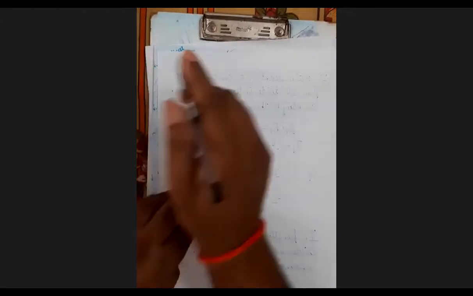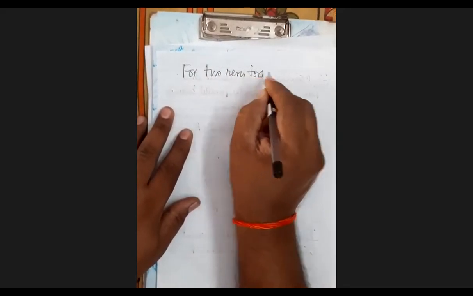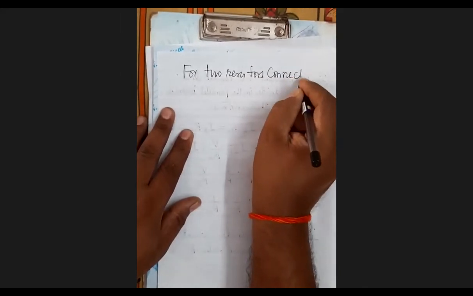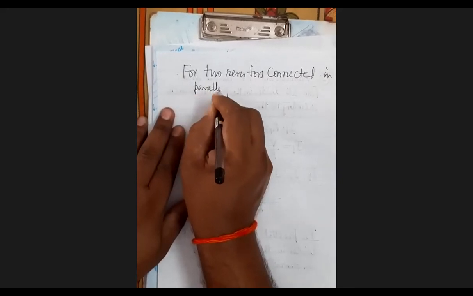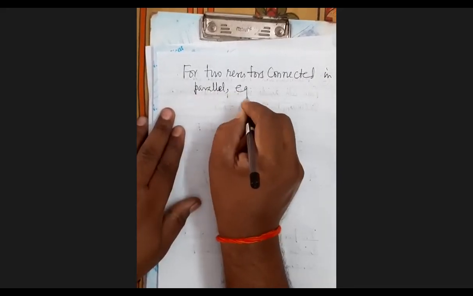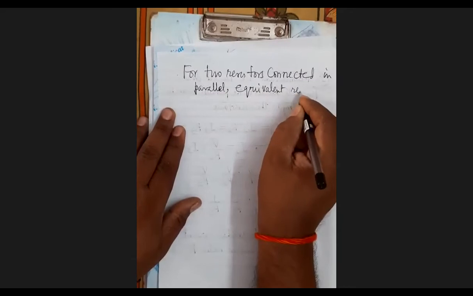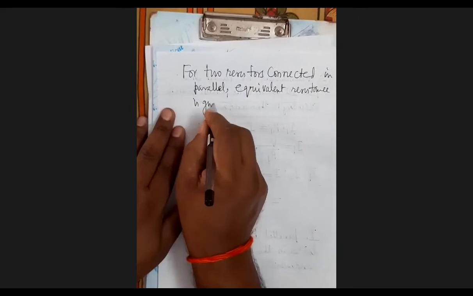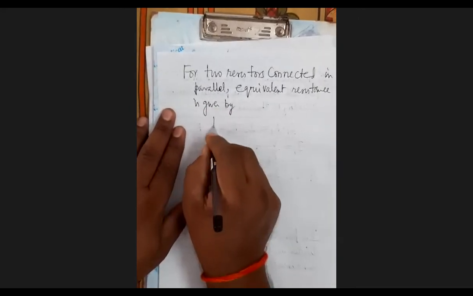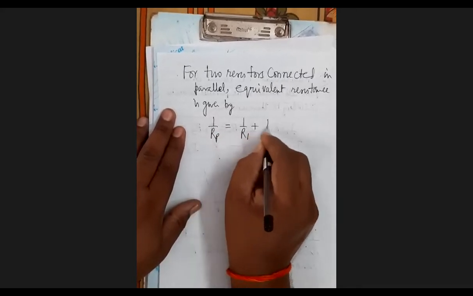For two resistors connected in parallel, the equivalent resistance is given by 1 upon Rp equals 1 upon R1 plus 1 upon R2.